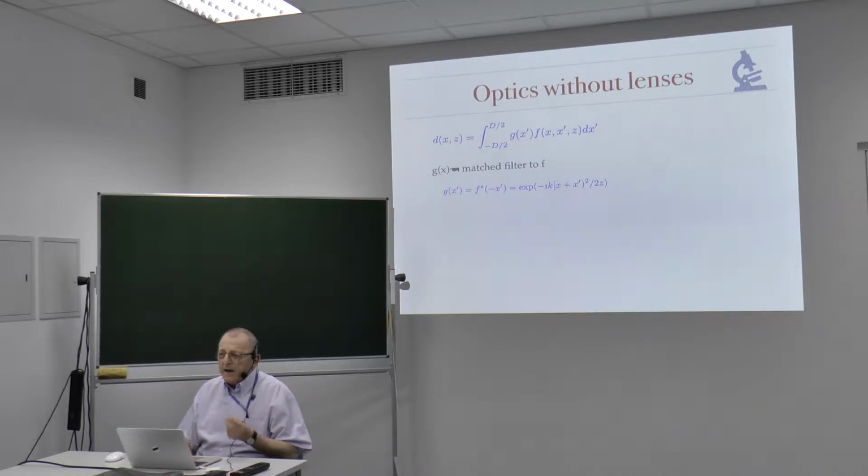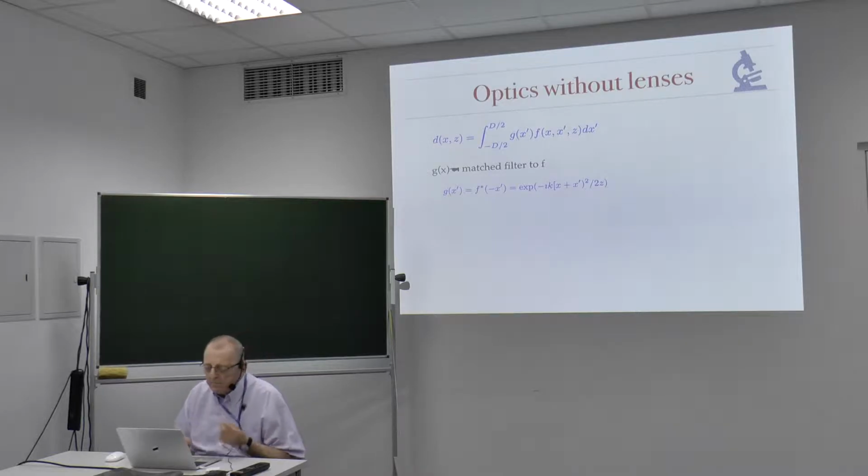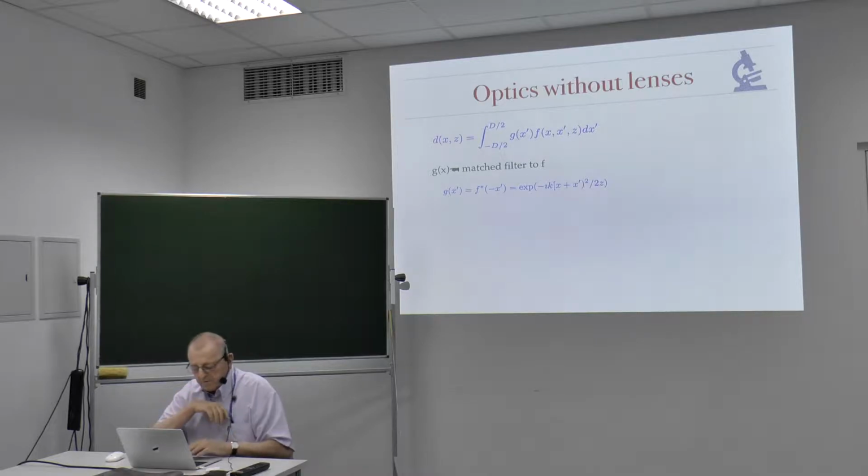In order to make this a matched filter, it has to be the complex conjugate of a function f with the x changed. Now my signal depends on a distance, not on time, but that's a minor mathematical problem. So since I know already the paraxial approximation form of a function f, then I can immediately calculate the property of a matched filter, and that is given by the simple exponential formula.